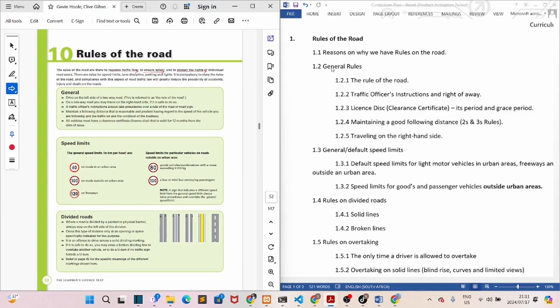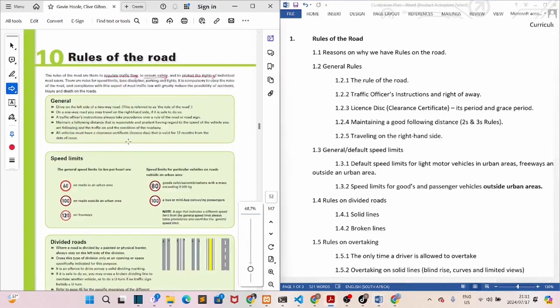All right, so let's look at the general rules. The first thing we're going to talk about is the rule of the road. It's a very important rule here in Mzansi. And what is that rule? It says if you are traveling on a two-way road, I must keep left as possible.